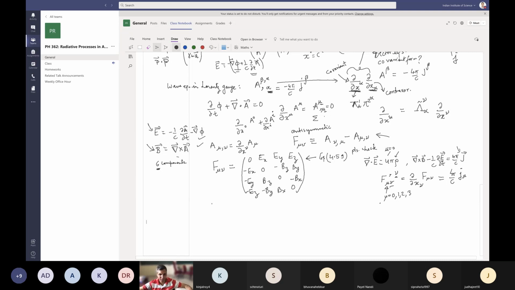So what about charge conservation? The charge conservation equation, of course, we can write as J mu comma mu is equal to 0. We already wrote that earlier. We can just put the 4 pi by c here, so that the right hand side is just this. You just contract it with mu.